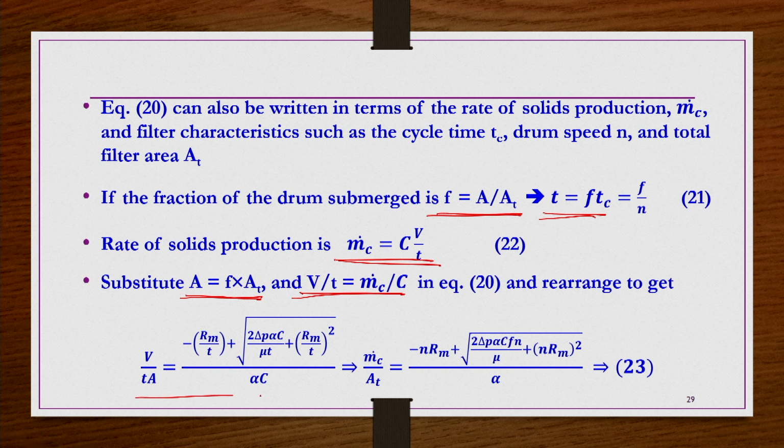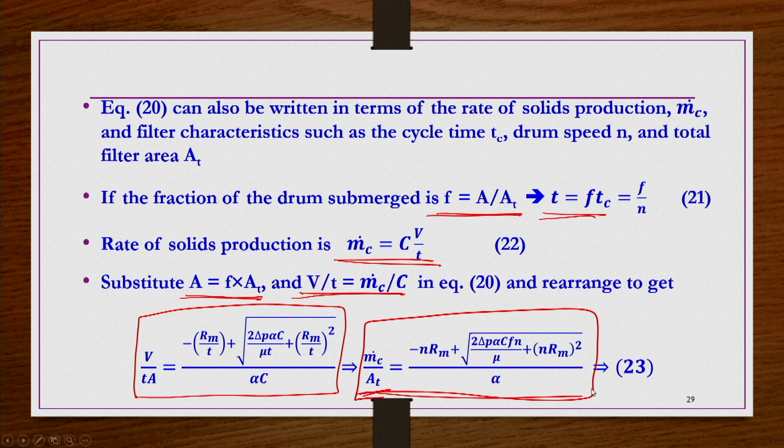This is your equation number 20. Here, in place of V by t you substitute m dot c by c, and in place of A you substitute f At. Then further you simplify, and you will get on the left hand side m dot c by At is equal to this equation.